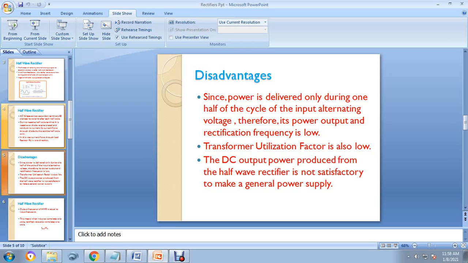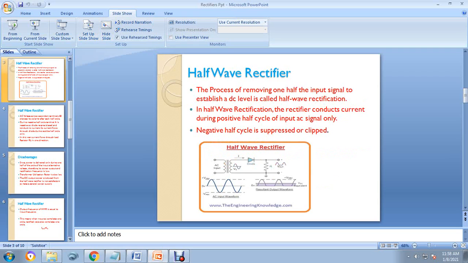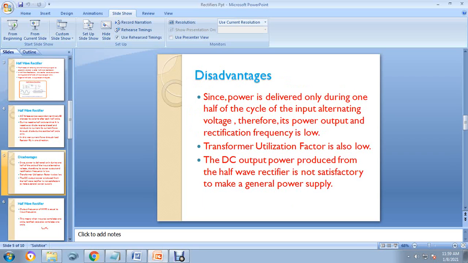As here only one diode and one half cycle has been used, the remaining negative half cycle has not been used, so the negative half cycle has been wasted. We can't utilize the total transformer here. So the efficiency has decreased.